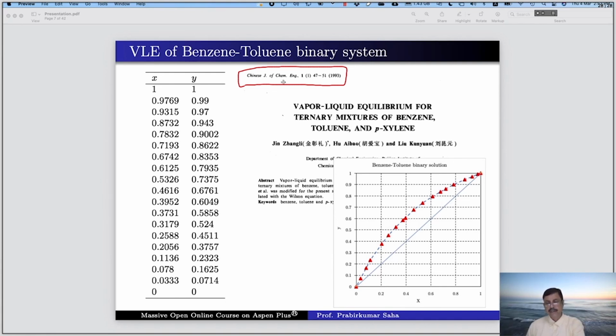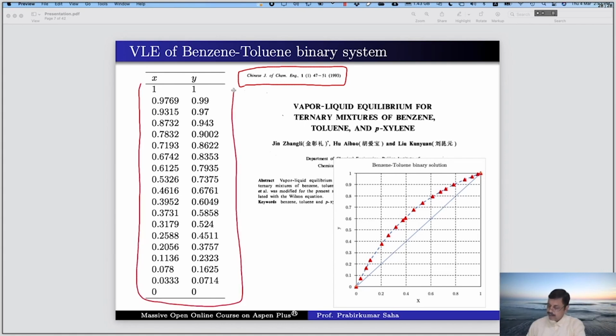They demonstrated some experimental study, and the result that I have tabulated over here is obtained from this journal paper. And I have plotted this over here. So you can see you will have some kind of plot.